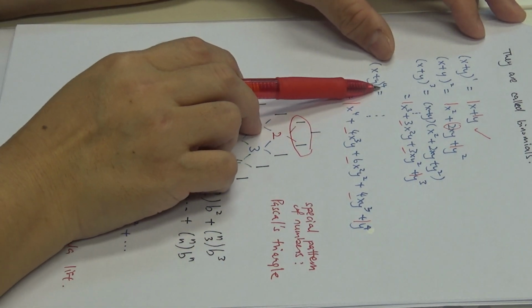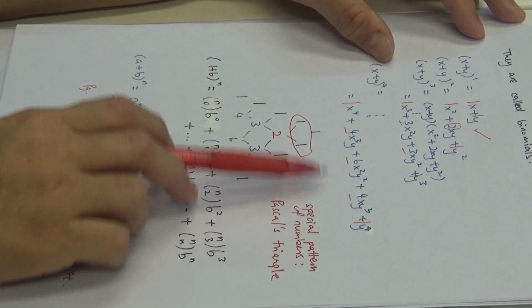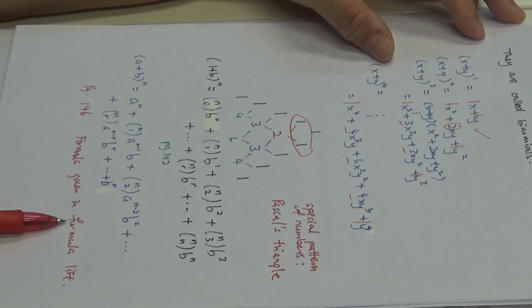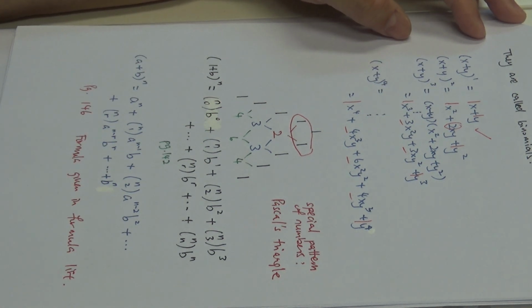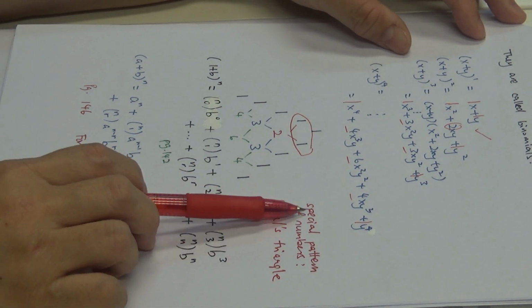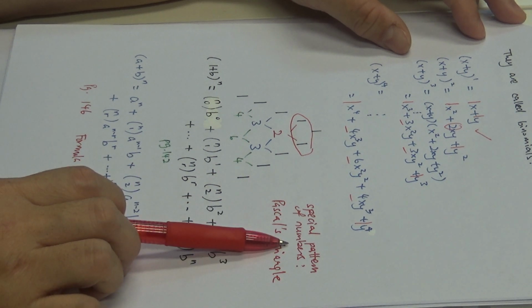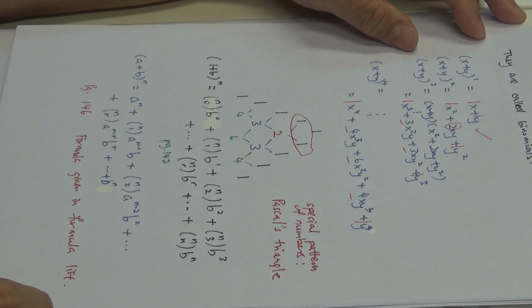Now, when this is power 4, it's 1, 4, 6, 4, 1. What if it's power 10? Then you really have to do a lot of rows and it might get messy and the coefficients will get lost or you may make mistakes. So for Pascal triangle, I just need you to know that it is a special pattern of numbers. We are not going to use Pascal triangle to do the binomial theorem.